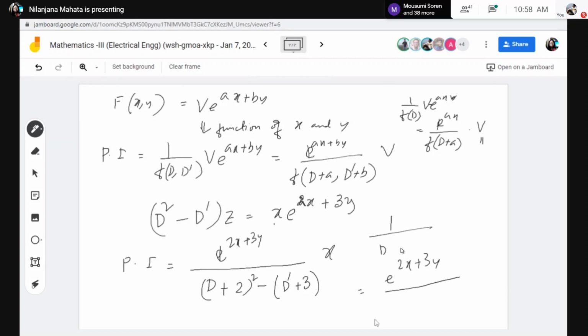This will be D square plus 4D plus 4, minus D' minus 3, operated on x. So I will simplify this.